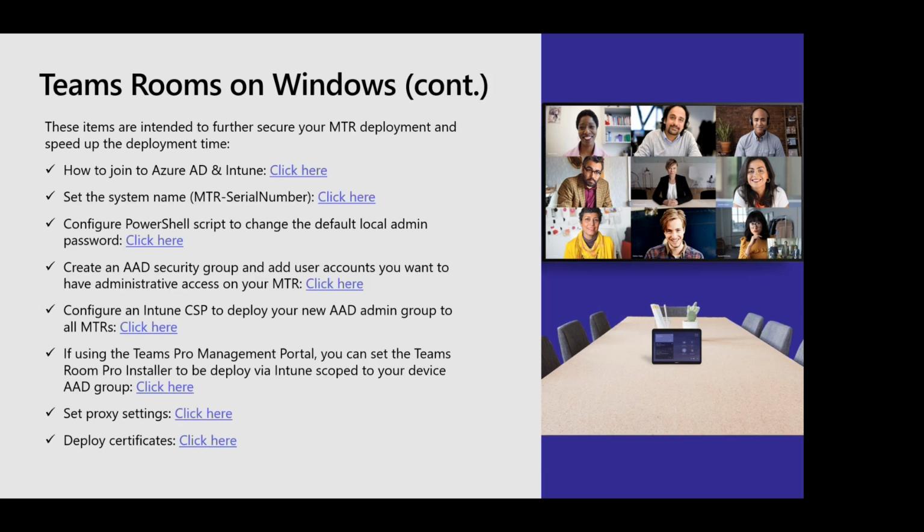All right, so we're going to continue with this phase here, for Teams Rooms on Windows. Again, these are some of the things that are going to make your life a whole lot easier. So, going back to the days when I was a customer and I was setting up Teams Rooms, I did all of these steps, right? I made sure that I set the proxy settings. I made sure that I deployed certificates.